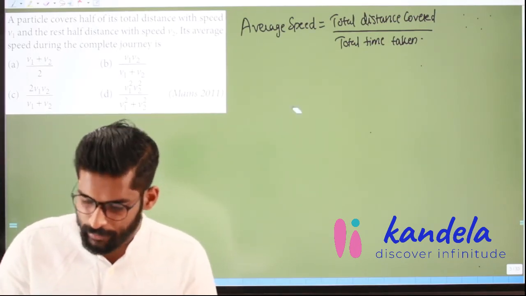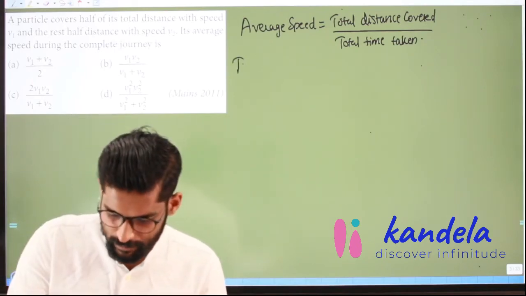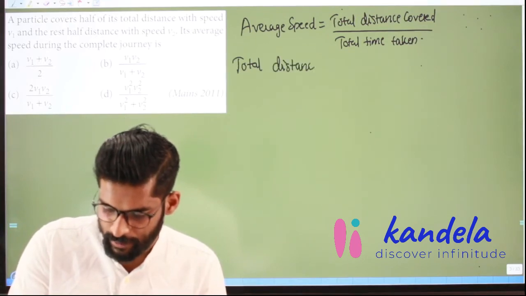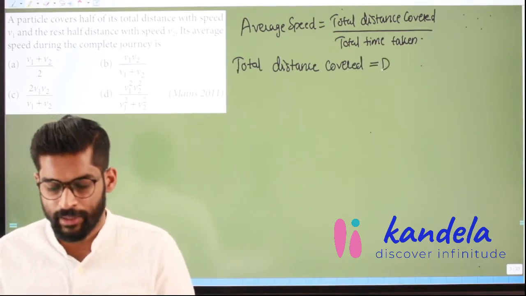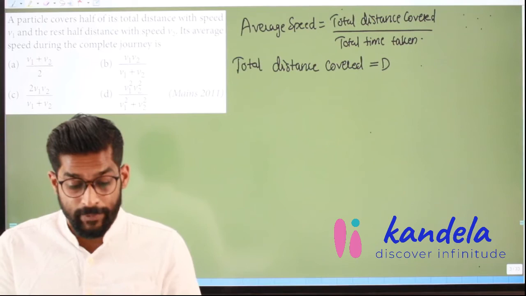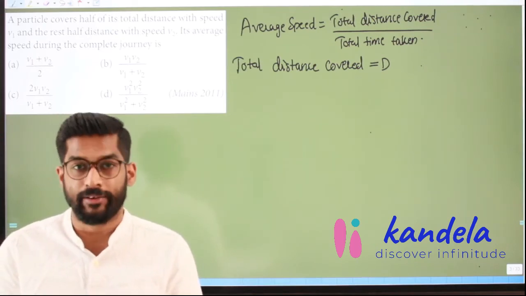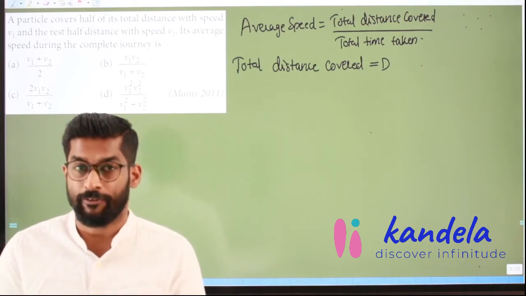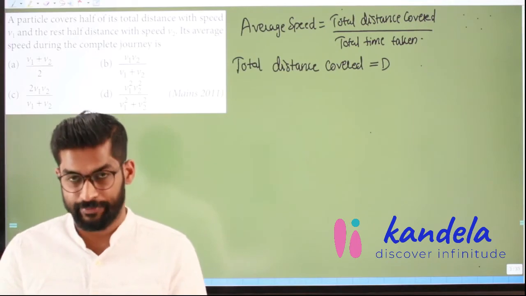So I assume the total distance covered in this journey is d. Now the particle is covering half of its distance with speed v1 and the rest half with speed v2. So the time taken for the first half is different from the time taken for the second half.